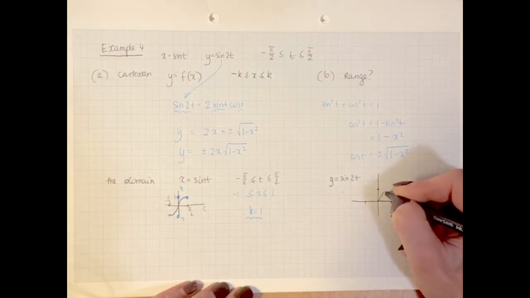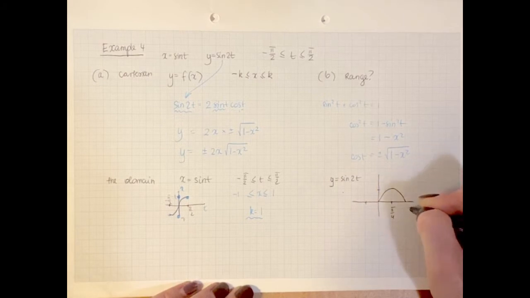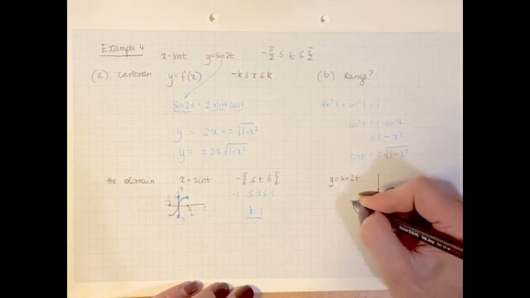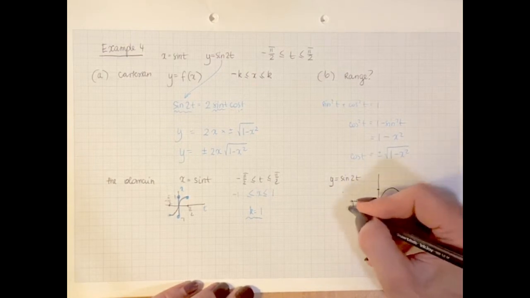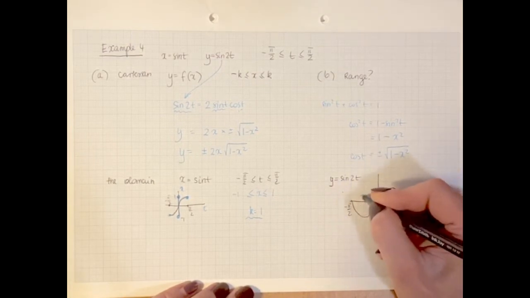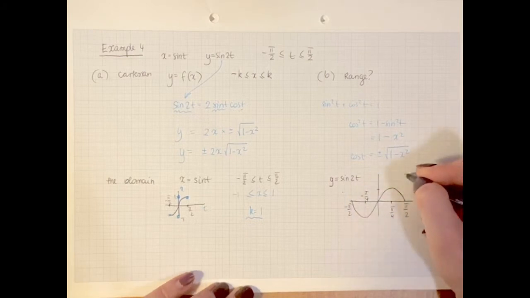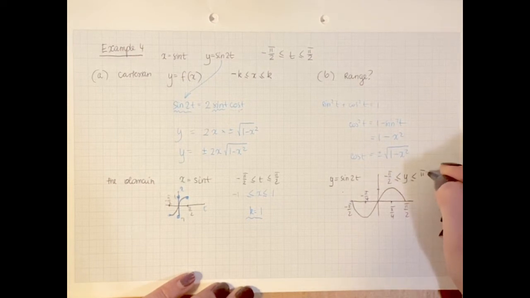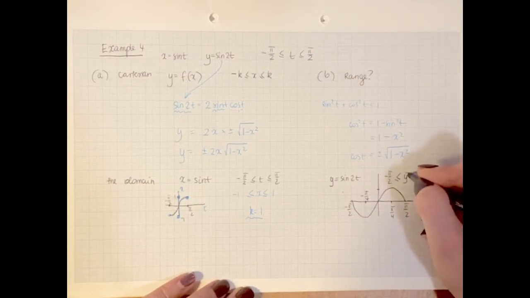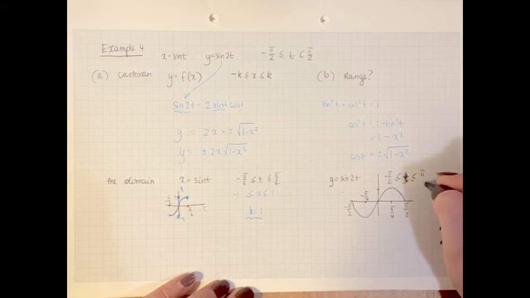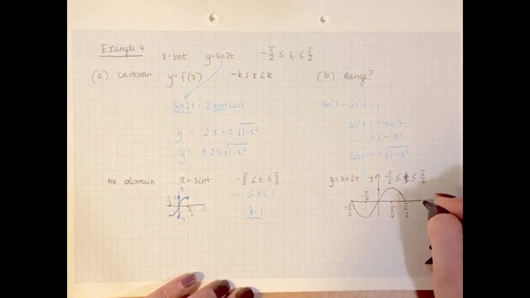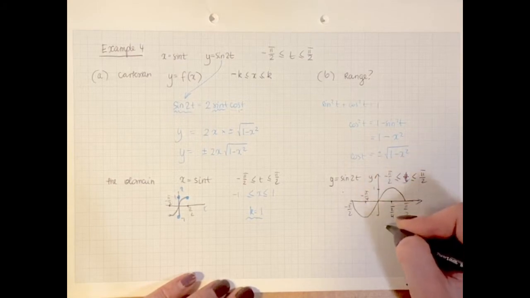So you'll be getting that graph, and then you'll be getting that part, so you get the 2 periods here. The t's are between minus pi over 2 up to pi over 2. So the y values, which are on our vertical axis, are between 1 and minus 1.